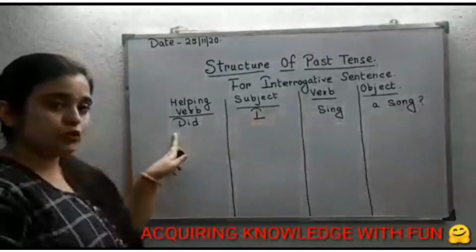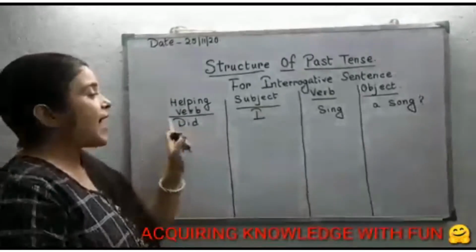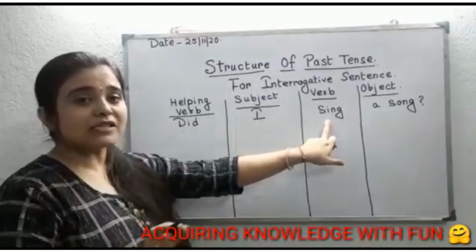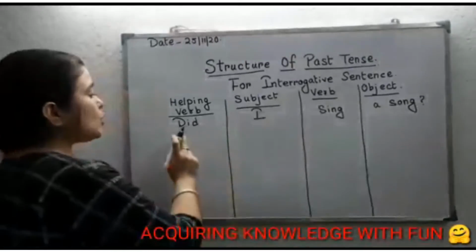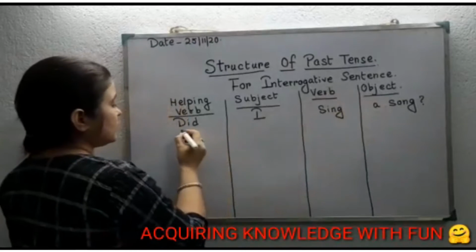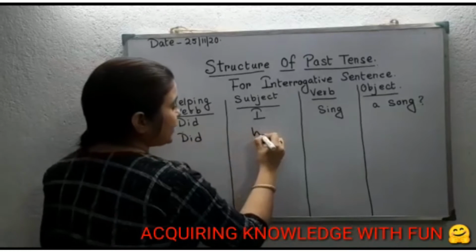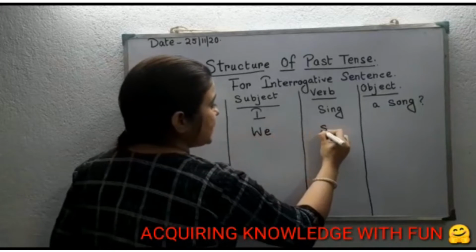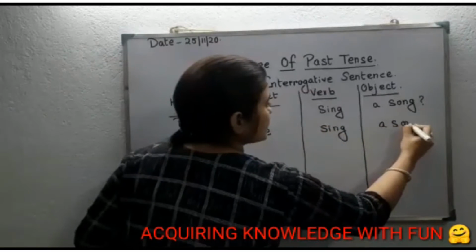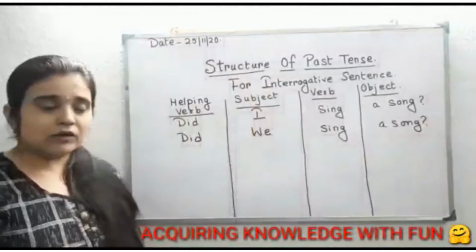Because when I am using did at first, then I have to use the present form of the verb, not the past form of the verb. Okay? So, did I sing a song? Next. Did we sing a song? Okay? Did we sing a song?